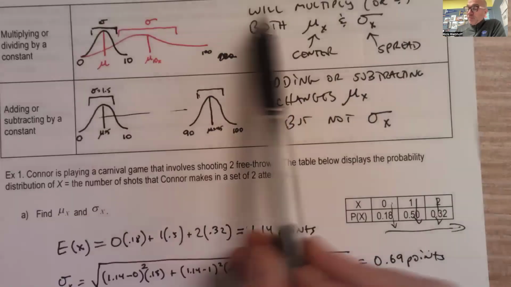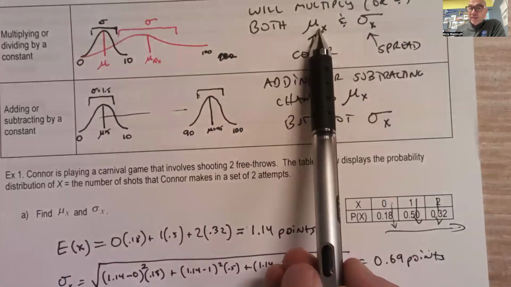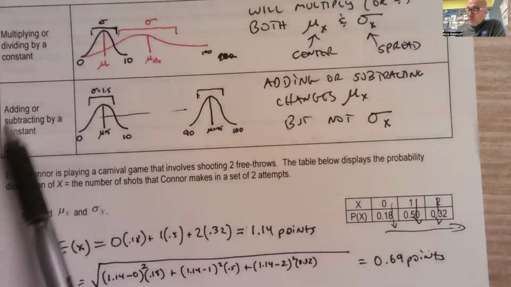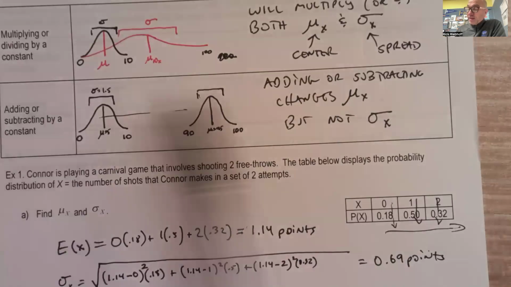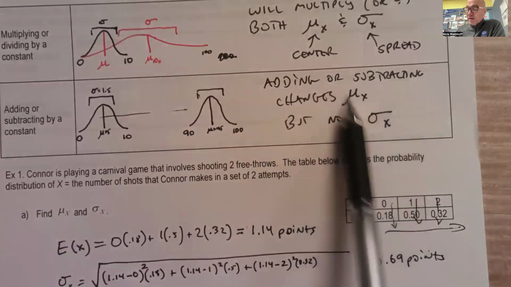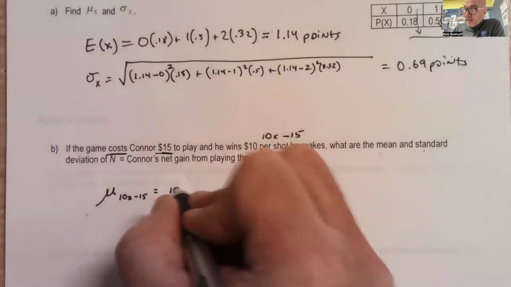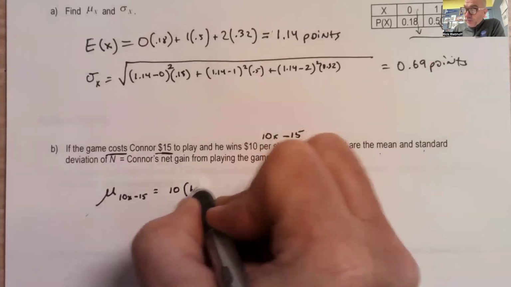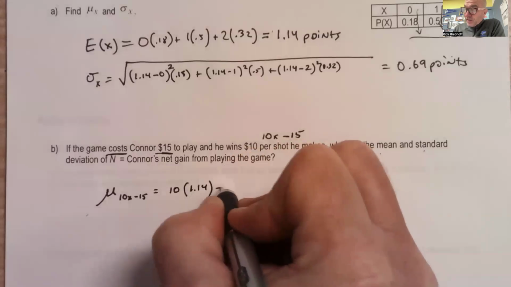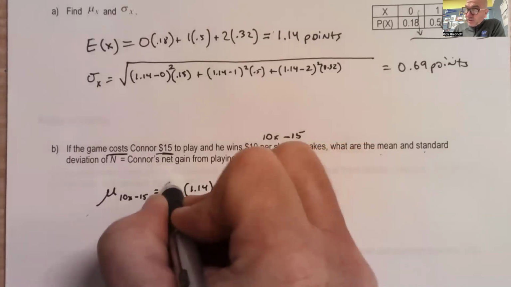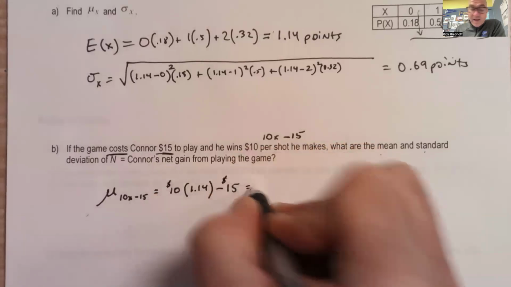Mean. Does multiplying affect the mean? Yes, it does. Does adding or subtracting, in this case subtract, affect the mean? Yes, it affects the mean. So both of these are going to affect the mean. So all I have to do is do 10, plug in the mean, 1.14, minus 15, and this is dollars. I could put the dollars here. I could do it at the end.